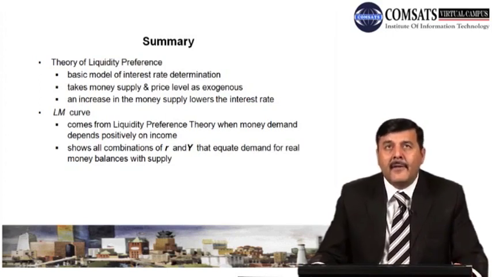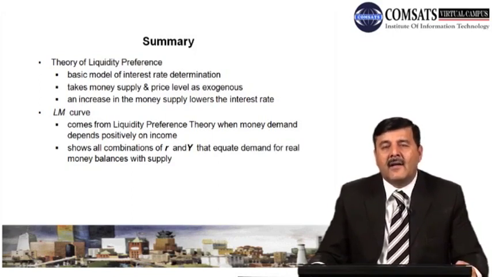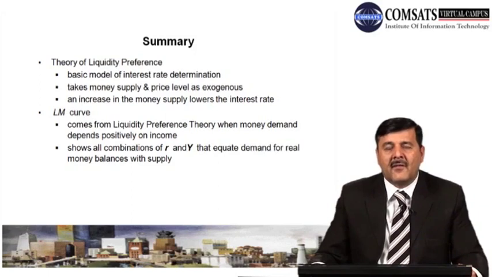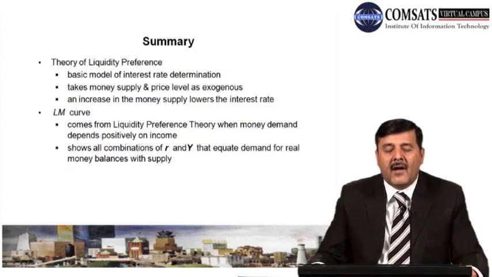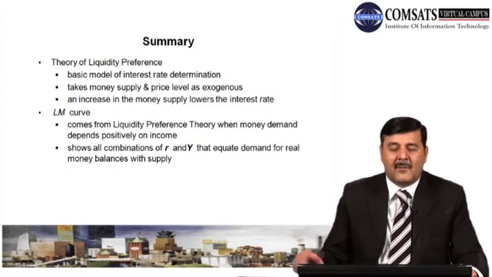With the help of this liquidity preference theory, we have determined the LM curve, which is positively sloped: whenever there is a change in the rate of interest, it affects the level of income positively. This comes from the liquidity preference theory, where money demand depends positively on the level of income. This curve shows the combinations of R and Y that equate demand for real money with money supply.